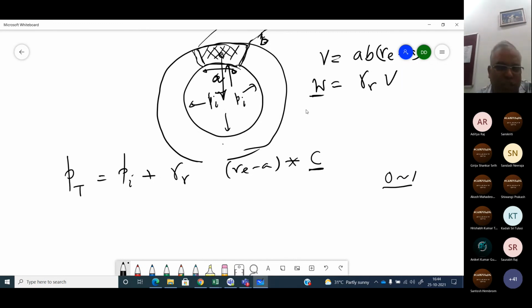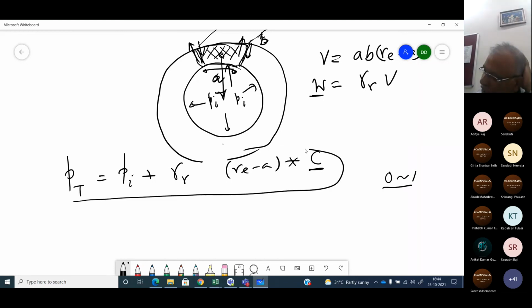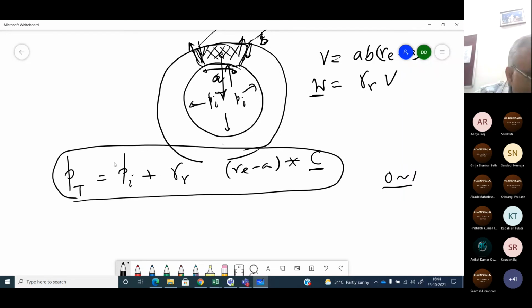But if you give somewhere in between, let's say 0.4, 0.5, that simply means it is still having some shearing effect, so it is not allowing it to fall so easily. And 0 means you have completely omitted this. It is still intact. It is not going to fall. Okay, so I have an equation something like this, and this is the total pressure required considering the density of the rock.